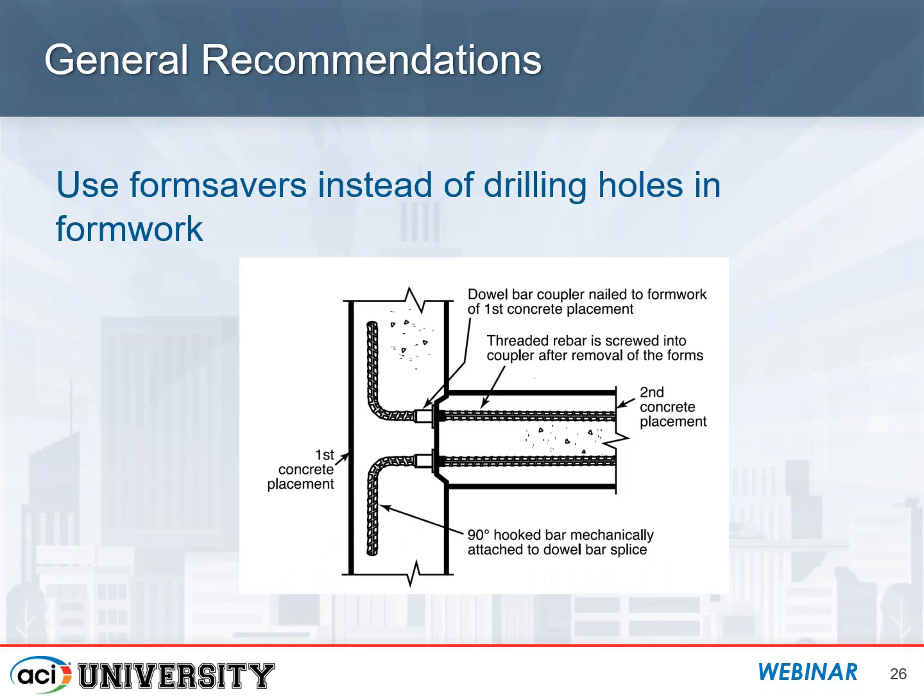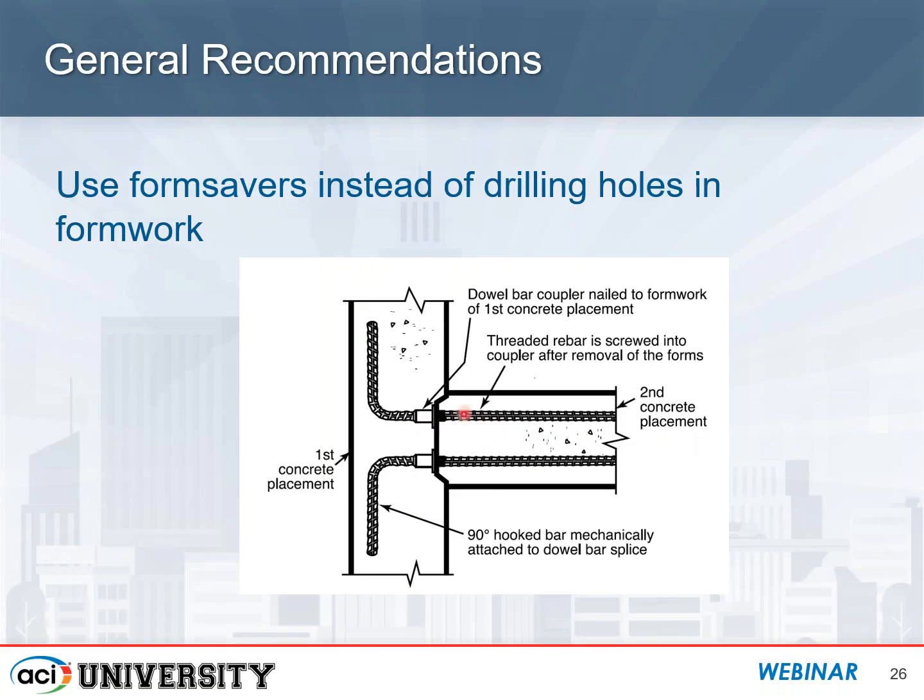I think most people use form savers instead of drilling holes in the formwork. I still see sometimes the bars sticking out of the walls. This is the case where the wall goes up prior to the floor system. So this may lead by about 2 or 3 stories, and then they come back and they put the floor system in at those particular levels.